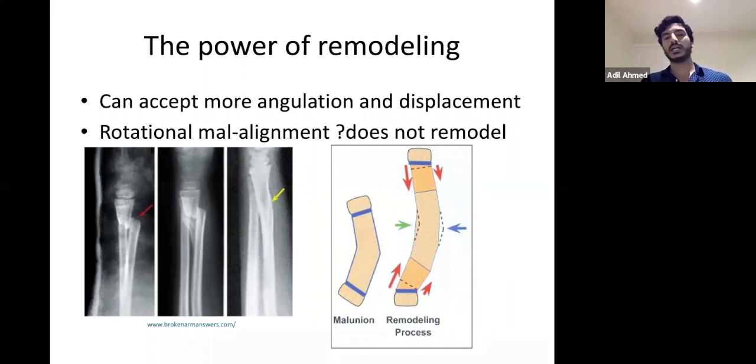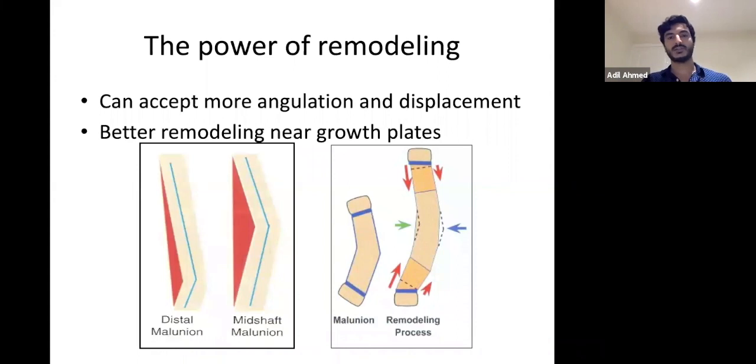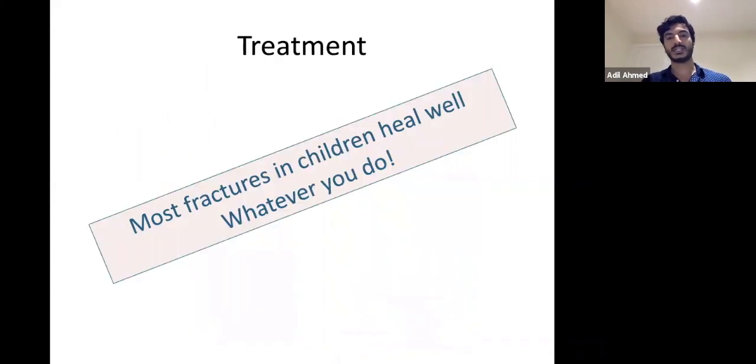This is why diaphyseal fractures may necessitate fixation, even for ones that normally we would say leave alone, particularly as you're approaching puberty and kind of young adult years. So that's what we discussed. It's better remodeling near the growth plates.